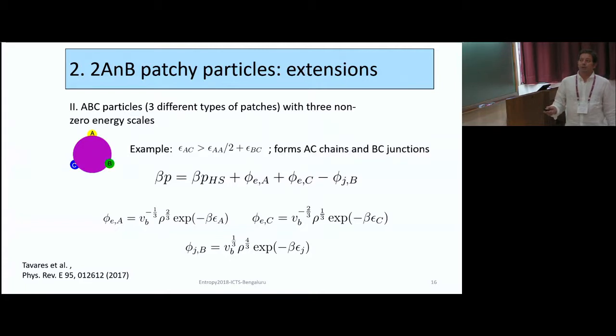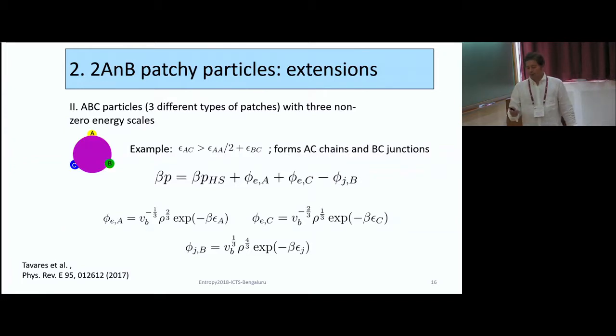So you have a hard sphere part, two terms that come from the two types of ends that you can create, and then the contribution from the junctions. You can get, again, this dependence on fractional exponents in the density here, here, and here.